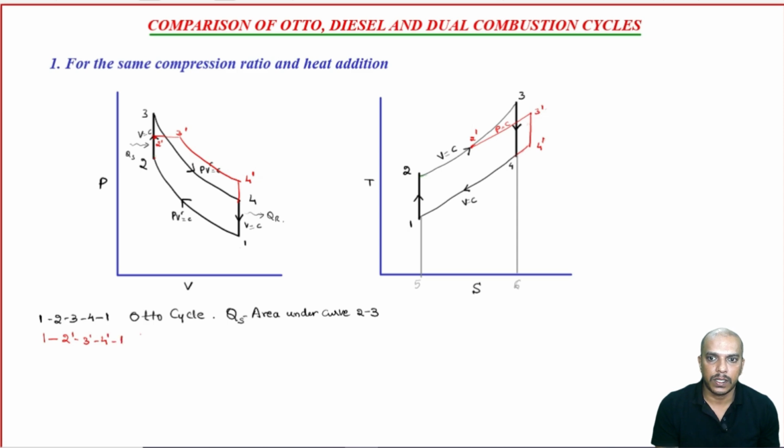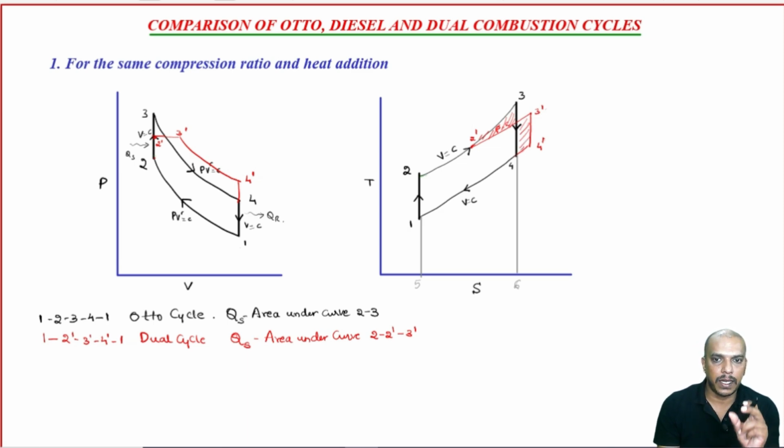Now, this is what we call as dual cycle. Now, for dual cycle, heat supplied is area under curve 2, 2 dash and 3 dash. Now, if you see compared to these two, this much area is reduced, all right. So, for dual cycle this much area is reduced, that means that much of heat transfer is reduced, but that is taken care of by moving the cycle towards right, all right. So, how much we should move?